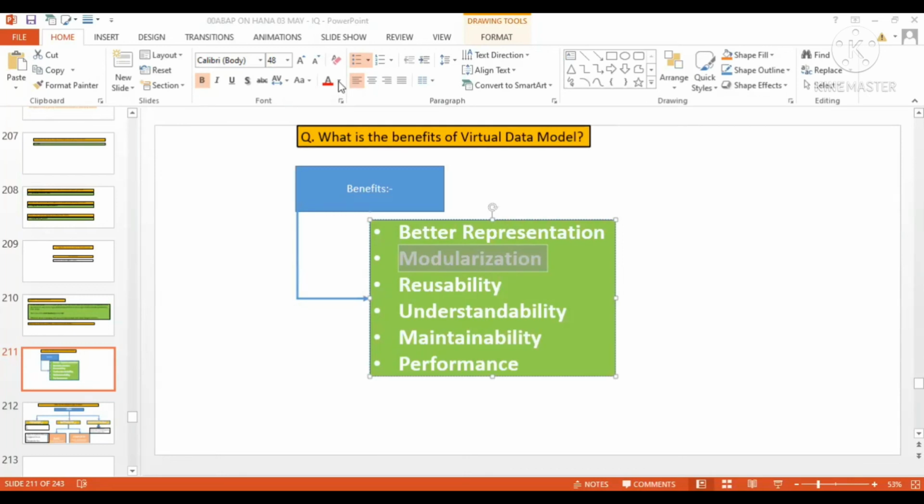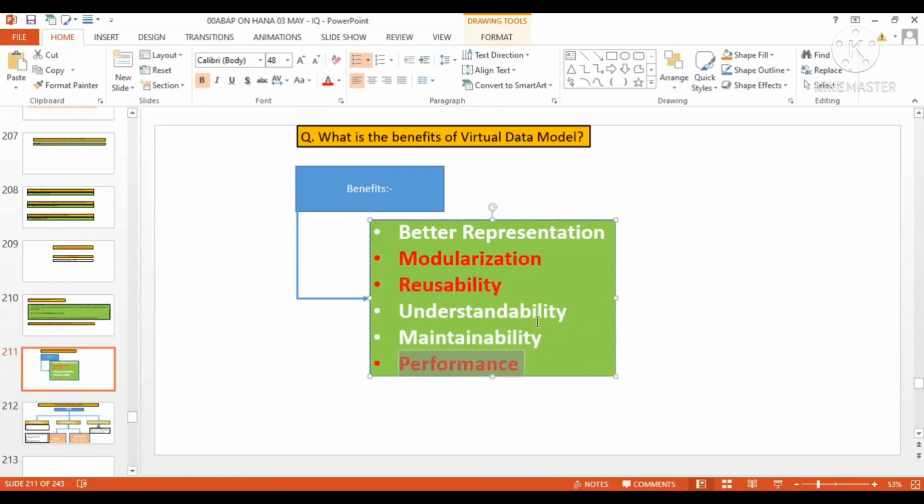Okay, that's sufficient. Modularization, reusability, and performance. Okay, all other things, better representation, understandability, and maintainability is the result of modularization, reusability, and performance. Okay, modularization, reusability, and performance, these are the basic things.